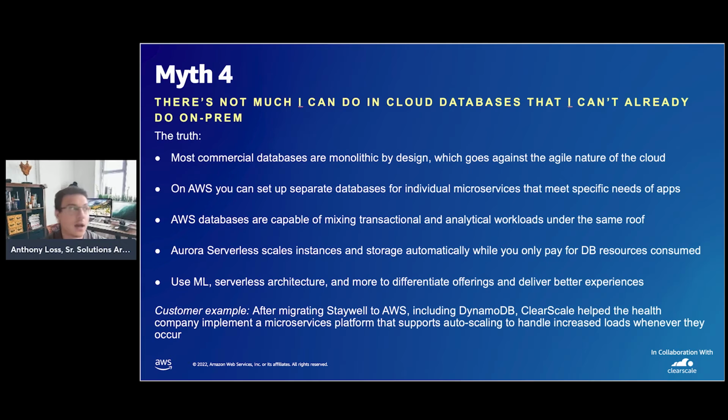And so I'll jump into an example here of how we helped a customer achieve what they could not achieve on premise. We had a customer called Staywell. They were a health engagement company that supports education of health. And essentially, from the bigwigs upstairs, they had an initiative to implement automation wherever possible.